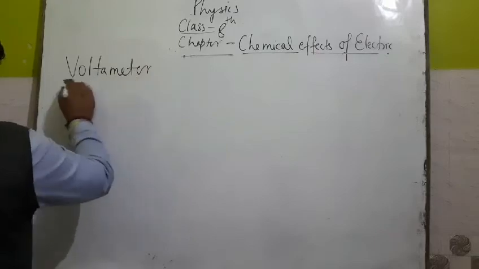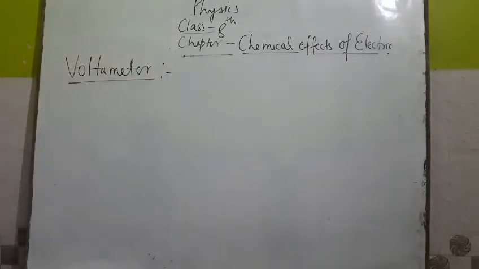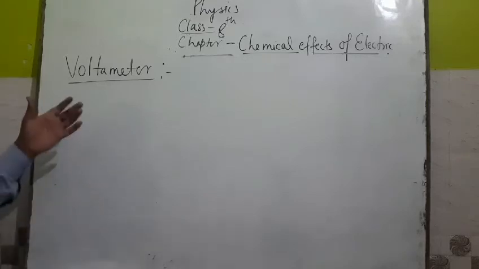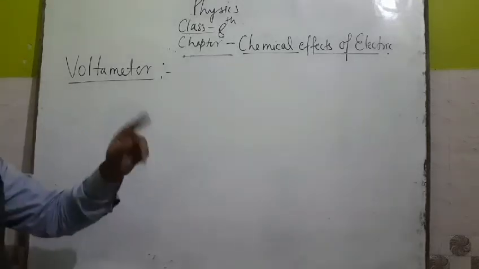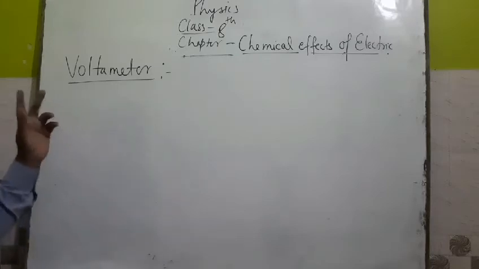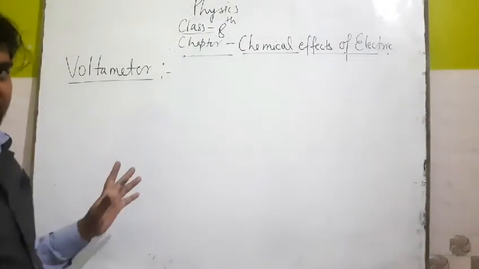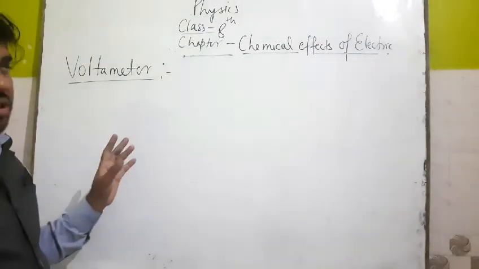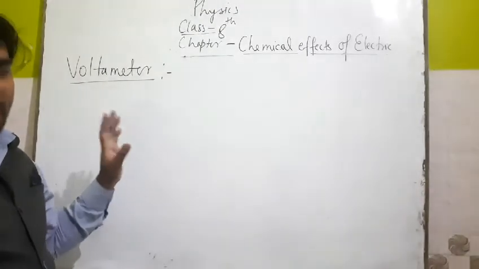What is voltameter? First you studied voltmeter and ammeter. Voltmeter is a device which measures the potential difference in volts, and ammeter is a device which can measure the current in amperes.